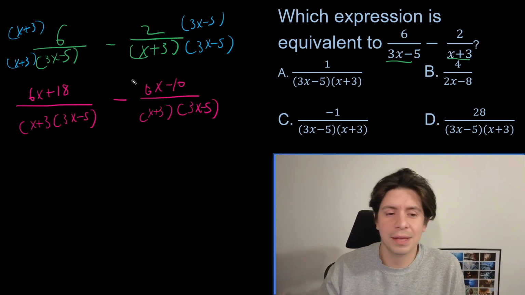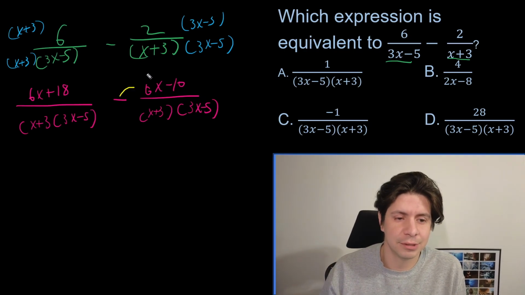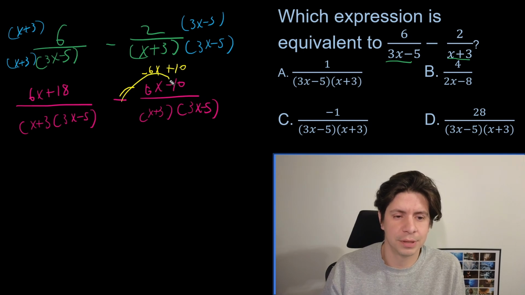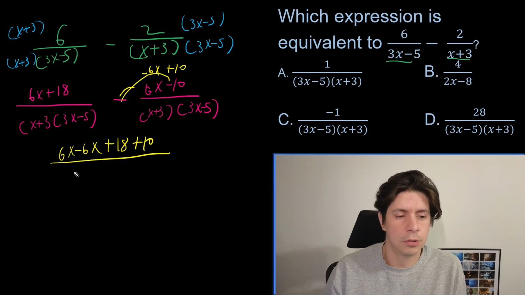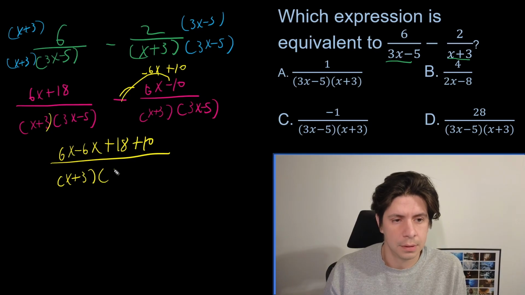All right, and now I am going to combine. The important thing here is to distribute the negative. So it's going to become negative 6x plus 10, because it goes to both places. So I'm going to have 6x minus 6x plus 18 plus 10, all over x plus 3, 3x minus 5.